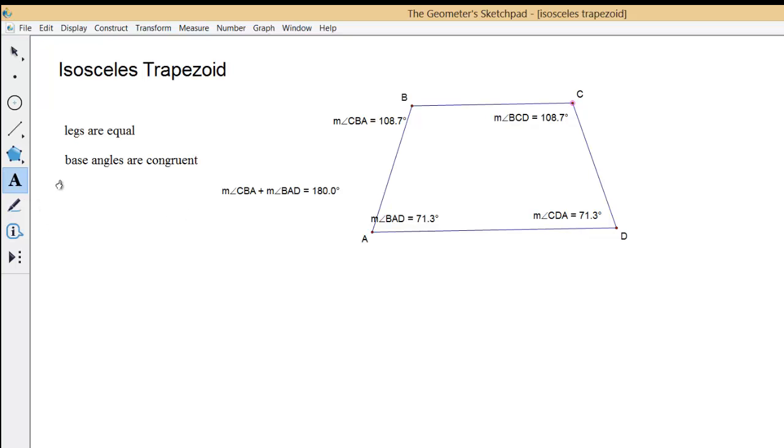So let me write that over here. Lower base angle is supplementary to upper base angle.